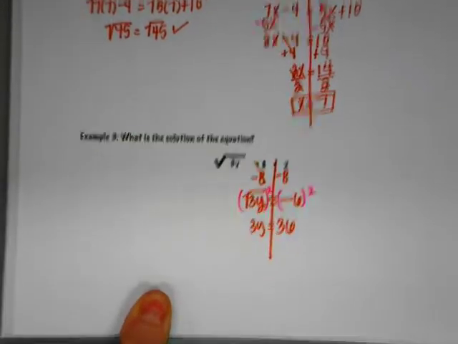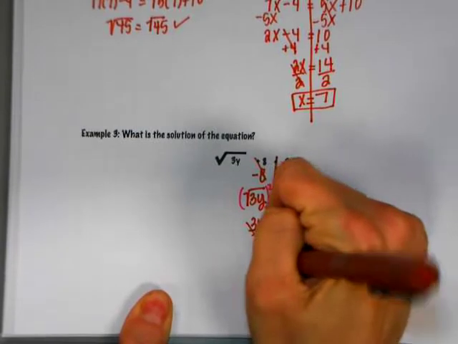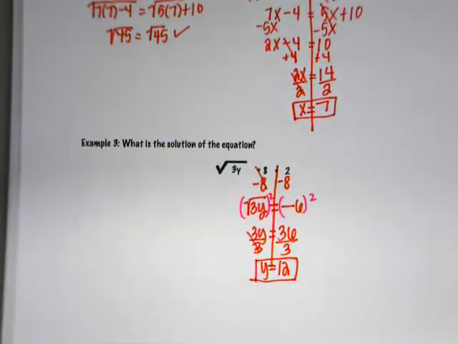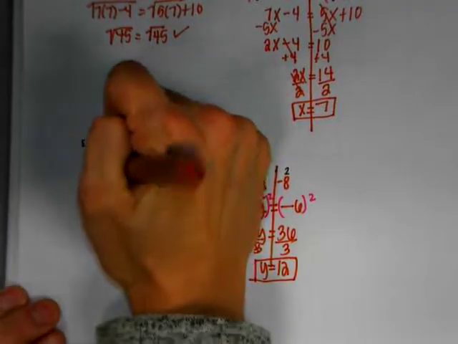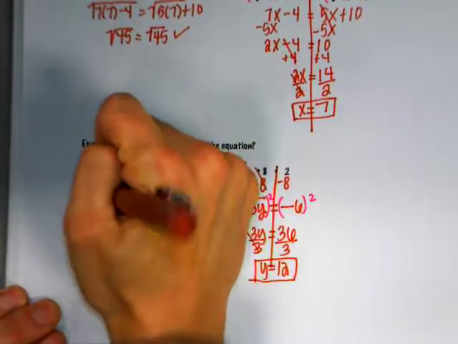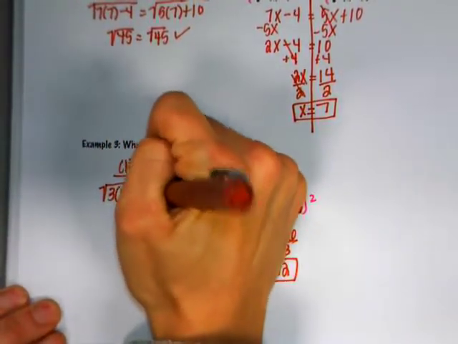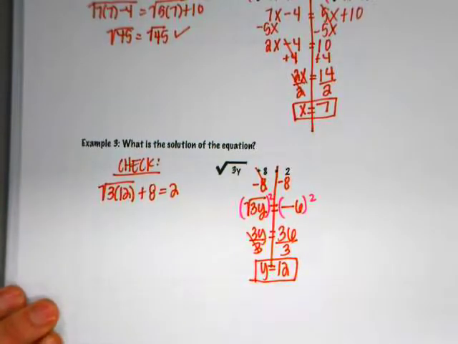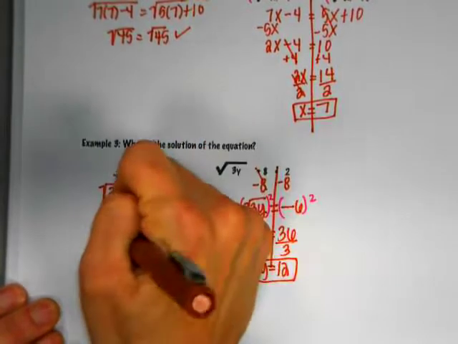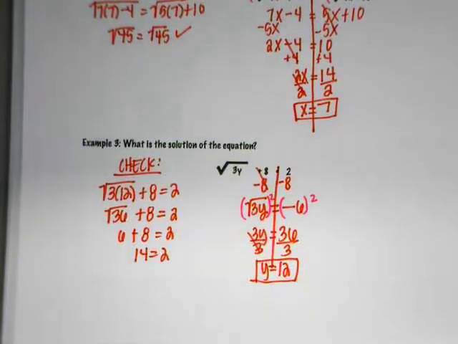Okay, and then how do I finish solving that? Divide by 3. So that's y equals 12. Okay. And then check it. Square root of 36. Does this one check? No.